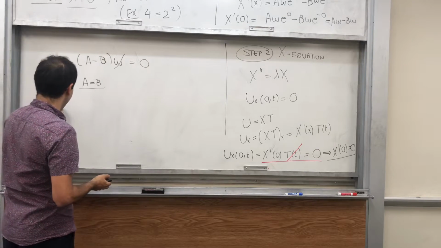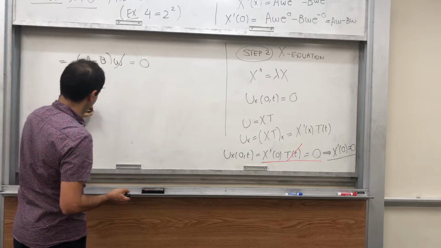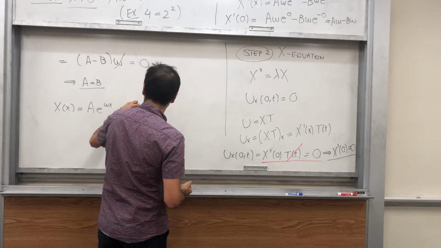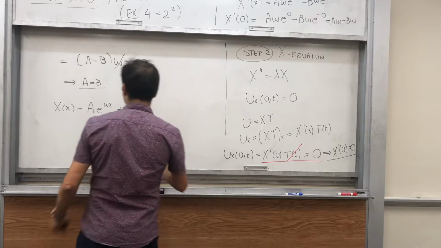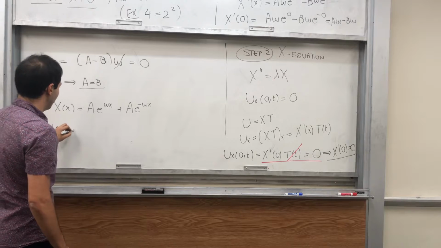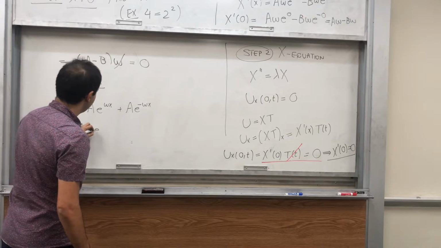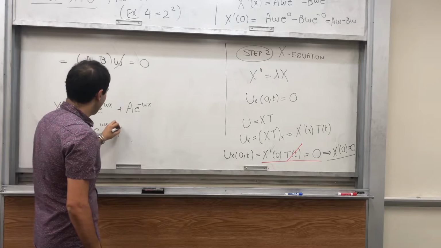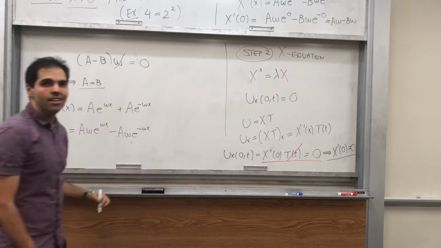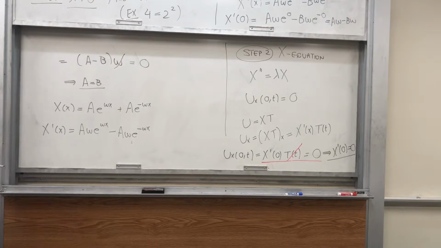So in other words, x of x equals a e to the omega x plus a e to the minus omega x, because a equals b. And we also have x prime of x, which is a omega e to the omega x minus a omega e to the minus omega x. And now we need to use the other condition.